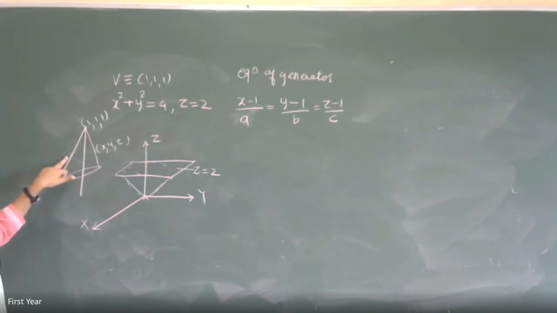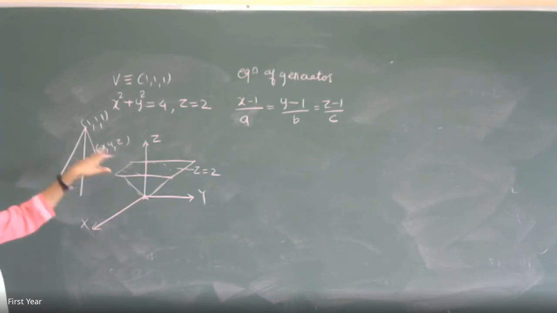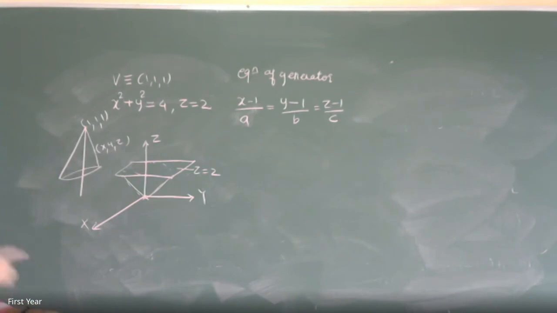So what I am going to do is write down x minus 1 upon a, and with the help of this, we try to find the locus of the generator. This line will generate the surface. So what is the locus of this generator when it is moving around the circle? That we are going to find, and that will give me the actual cone. Are you getting it?